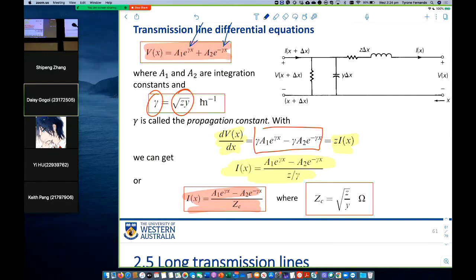It's just a basic simplification. If I substitute square root zy here, does it turn out to be the same?